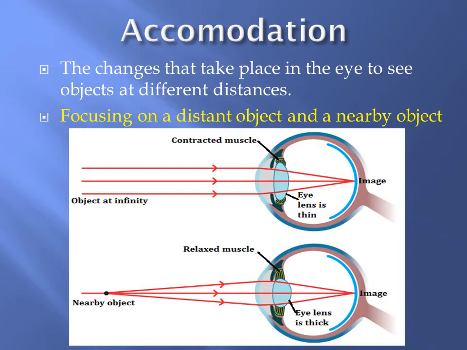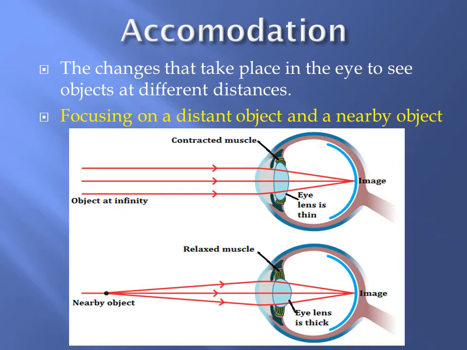The rays of light from the object are almost parallel when they reach the cornea. The cornea refracts the rays, but the lens does not need to refract them much more to focus that light on the retina. That means the lens does not need to be very convex.